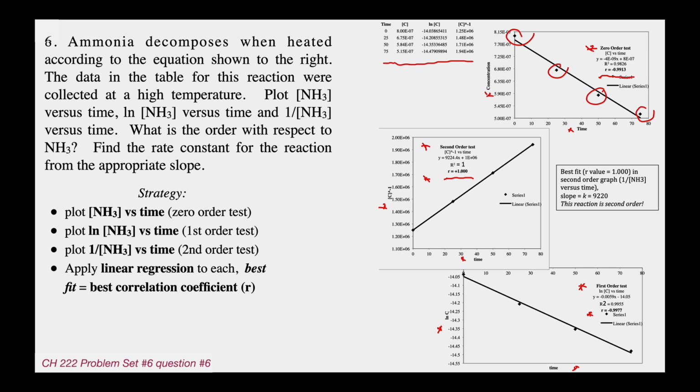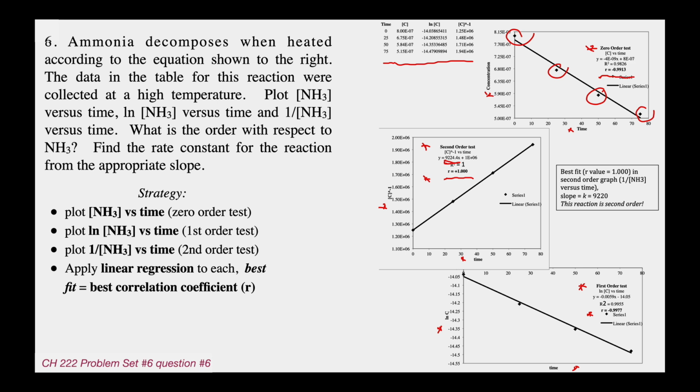So in this case, because it's second order and the slope, which was next to the X value, is positive, that means the slope equals K. So to 3 sig figs, which is what the concentrations are, the slope here would be 9,220. I rounded 9224.4 to 3 sig figs because of the 3 sig figs in the concentration.